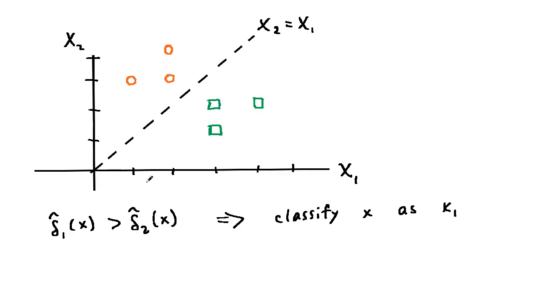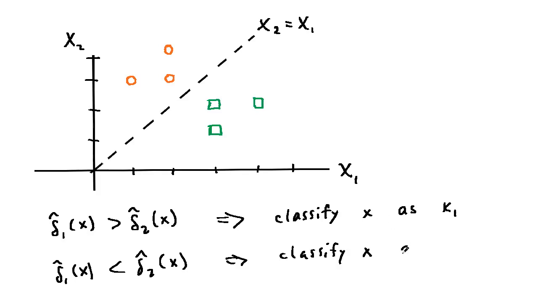Conversely, if delta 1 of x is less than delta 2 of x, then we classify x as of class K2. This corresponds to x being below the line x2 equals x1.